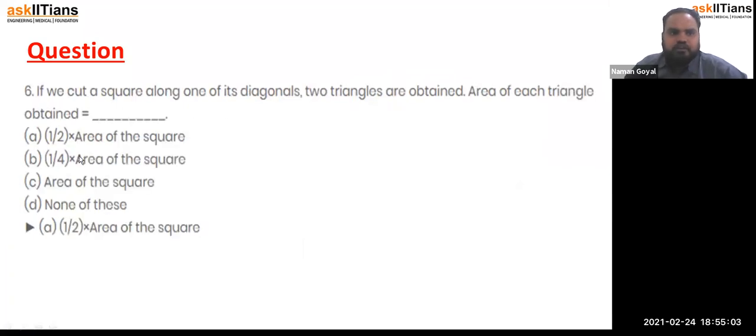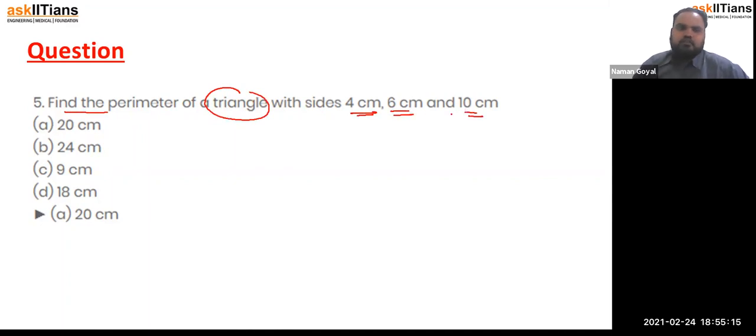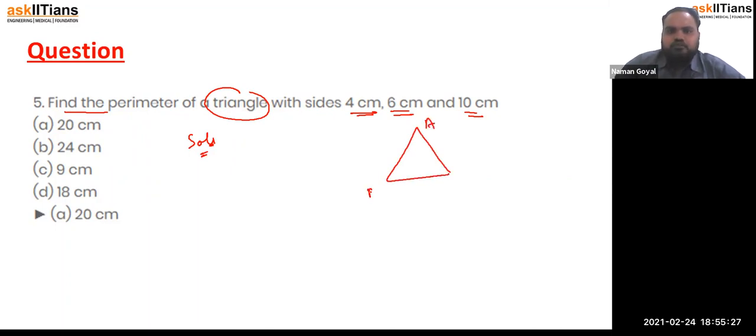If the perimeter of a triangle with side 4 centimeter, 6 centimeter and this, देखो all the sides are given of a particular triangle and it is asking for perimeter. As I told you, for any closed figure, perimeter is what?